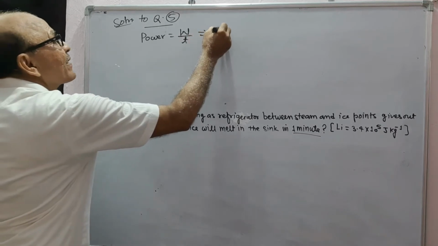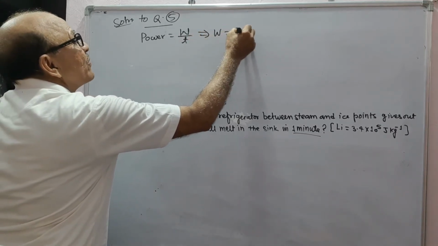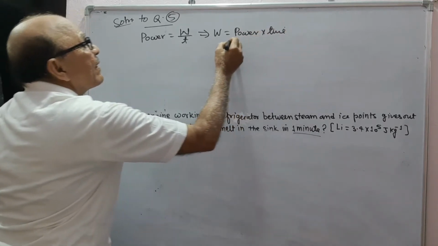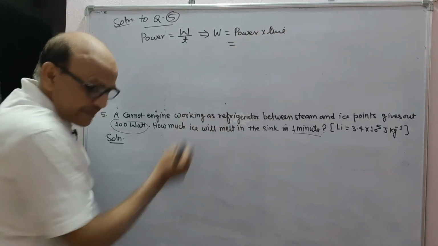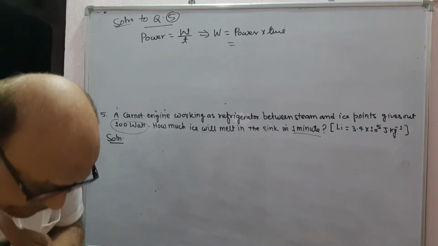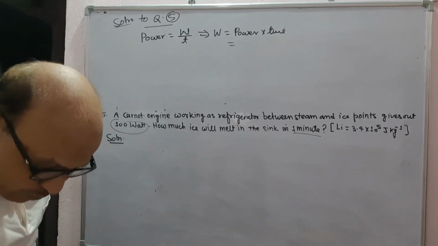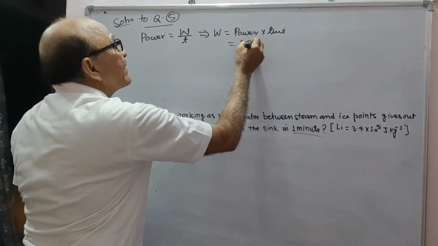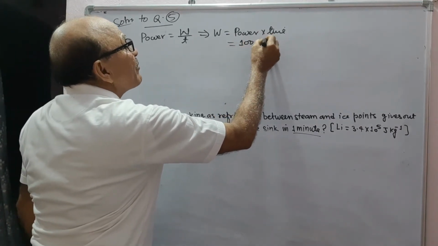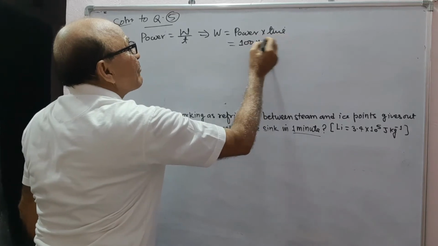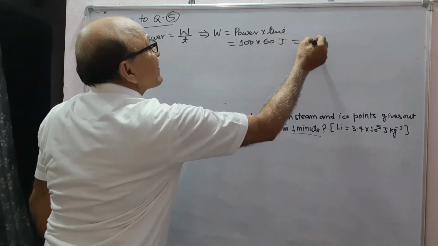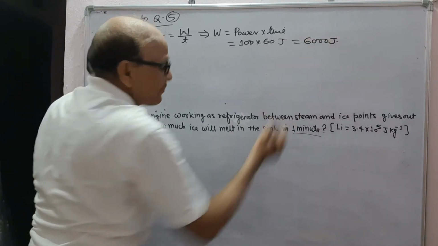Therefore, work will be equal to power into time. Power is 100 watt and time is 1 minute. So 100 watt into 1 minute, which means 60 seconds, becomes 6000 joules.